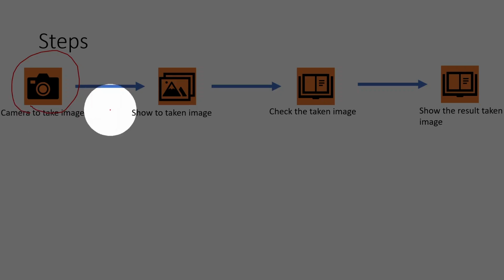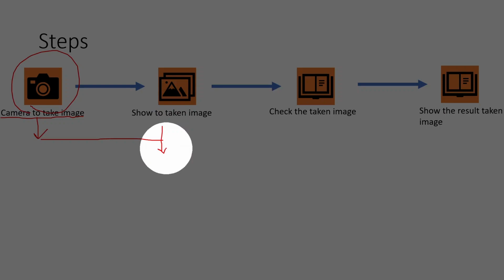So, camera to take the image. We need to install the camera in our website with the library, and the library link we add. After that we go to our second step in which we are showing the image.